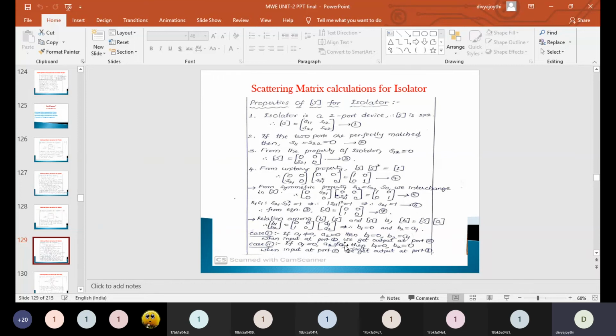That is the reason that when you provide input to port 2 and try to observe the output at port 1, you are not able to see the output. The reason is that the reverse direction, 2 to 1, is not supported by the isolator. It supports only the forward direction. So this is all about the S matrix calculation for the isolator. Are you clear with this, ma'am?